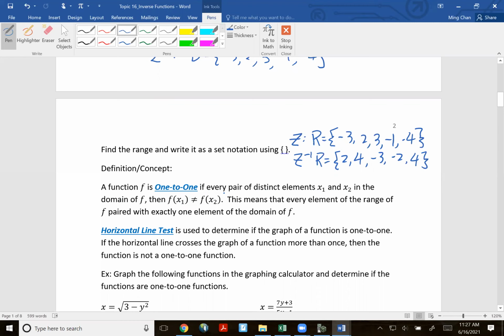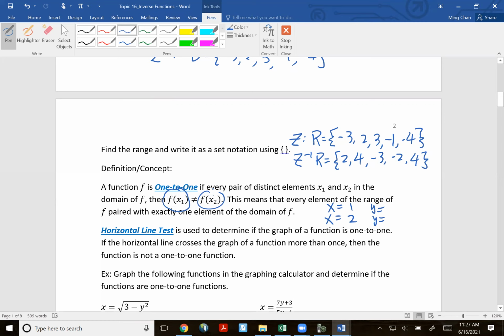So what that means is if you have two different x values, maybe like 1 and 2, and you substitute these two x values back into the same function, f of x1 means the y value. The y values cannot equal each other.